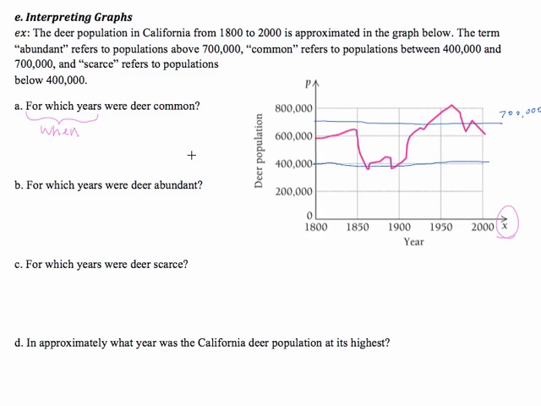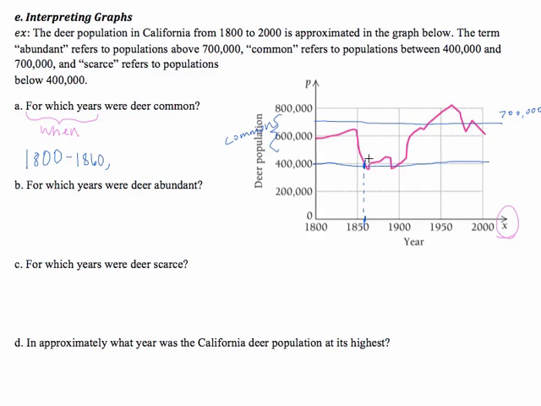It looks like most of the time the deer population is within this range. So from year 1800, at least, it starts out in this common population zone. It's in that zone until right about there. Let's estimate. This is 1850, that's 1900, that's maybe around 1860, I'm just guessing here.